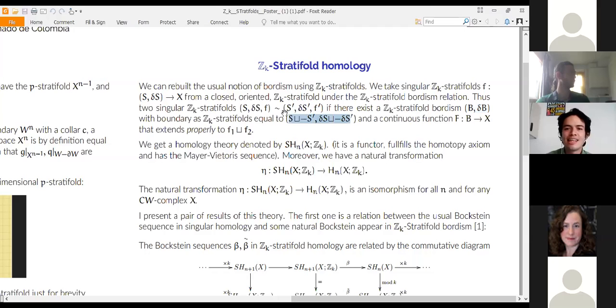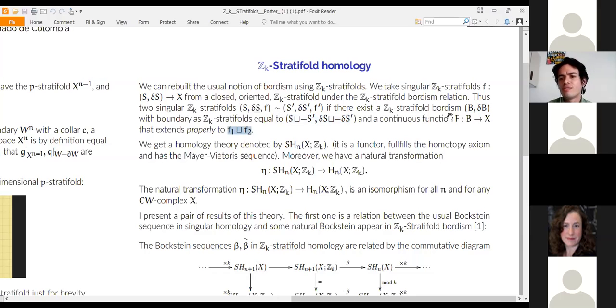And you can extend this function, this disjoint union of functions, to the inner space V. This is the usual notion of bordism, but with some additional structure, and it's not just for manifolds. We can recover, we can use this same construction, but using CK stratifolds.